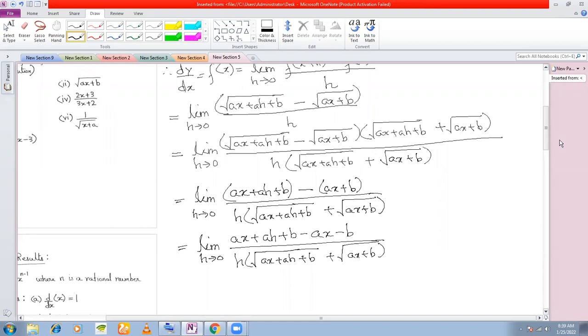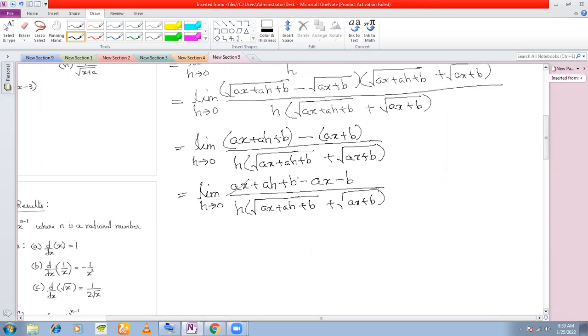Now, if you see here in the numerator, I think ax and ax is going to cancel, plus b and minus b is going to cancel. So you're only going to be left with limit h tends to 0, h divided by h into root of a(x plus h) plus b, plus root ax plus b.